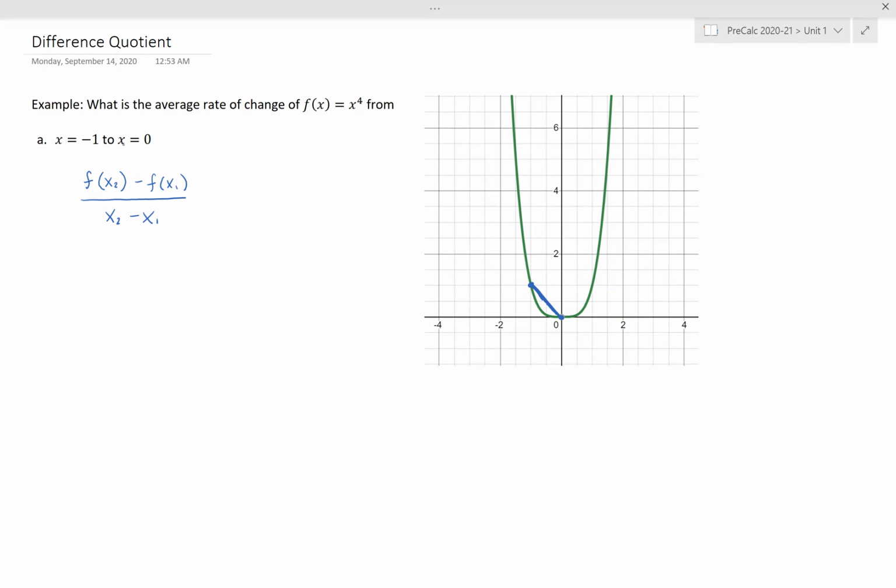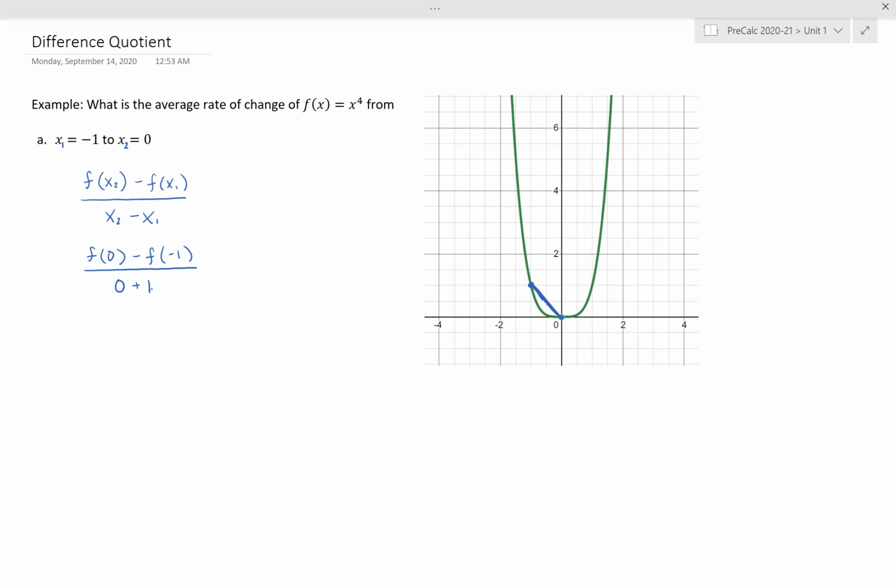So let's say that this will be my x sub 1, this will be my x sub 2. So I'm going to say f of 0 minus f of -1 over 0 subtract -1 becomes 0 plus 1.